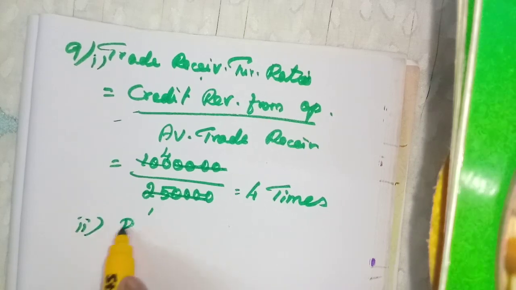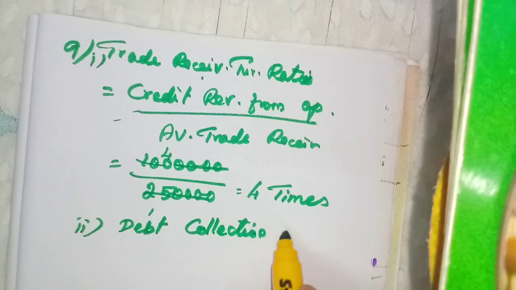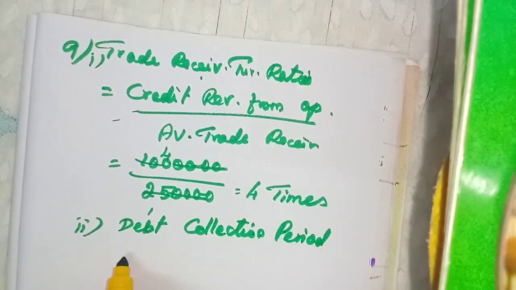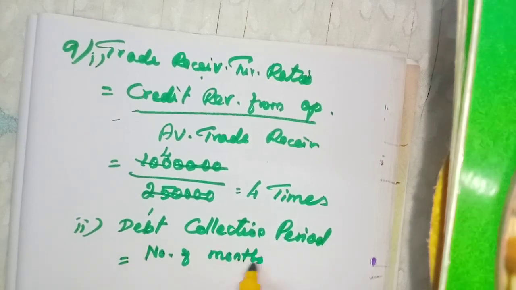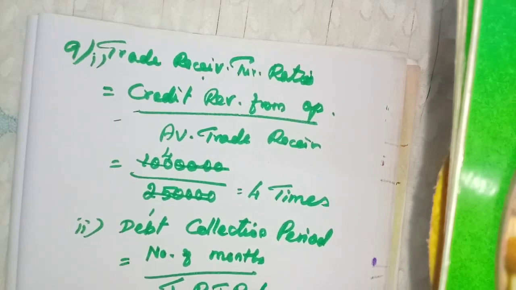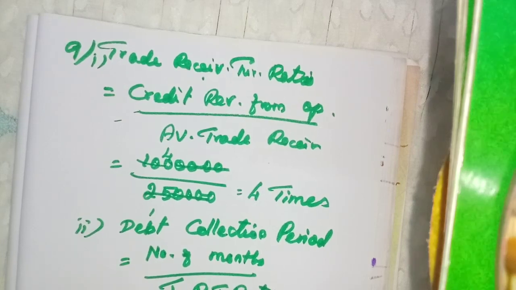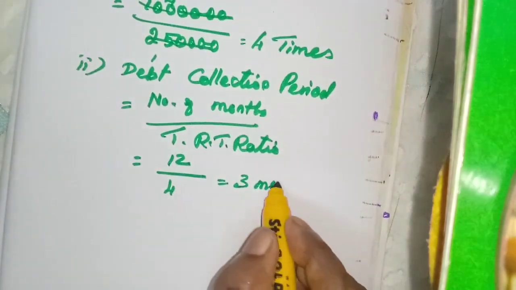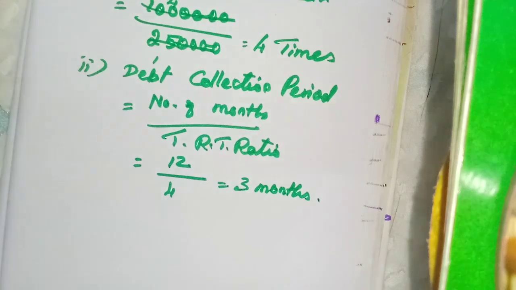Second part, debt collection period: number of months divided by trade receivable turnover ratio. Number of months 12 divided by ratio 4. So 3 months. Have you understood the second ratio?